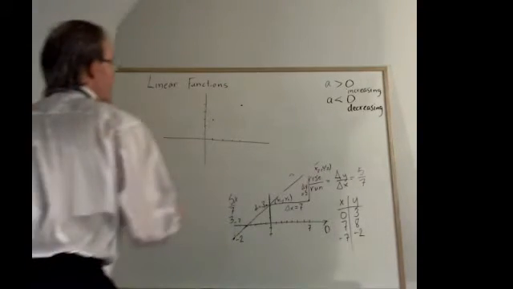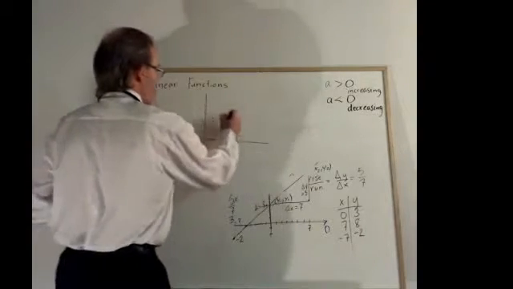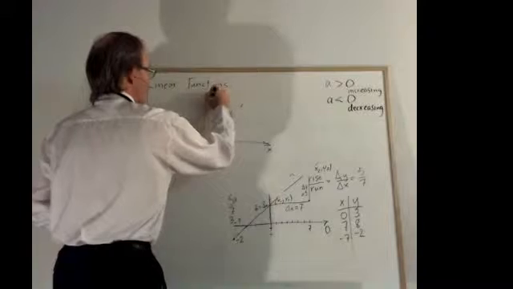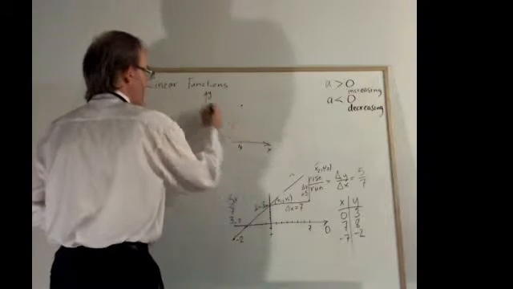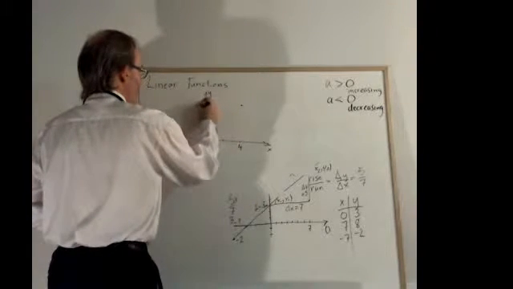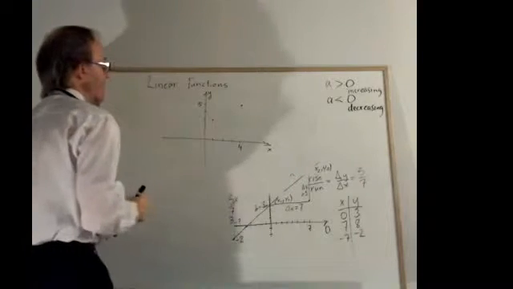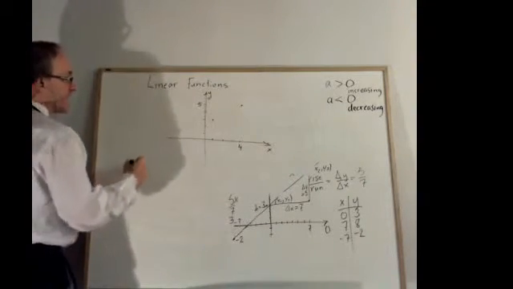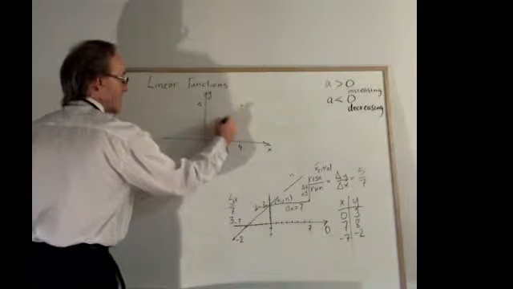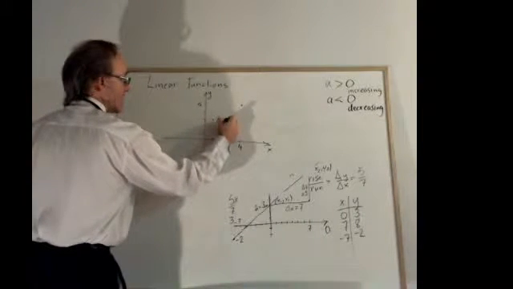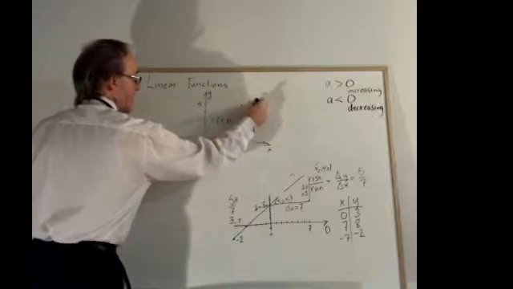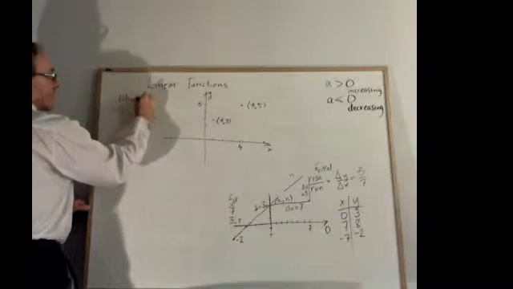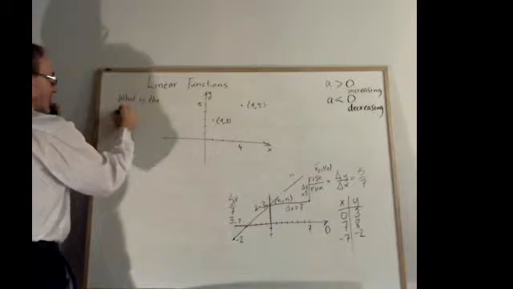Here's x, here's y. Here's 1, 2, 3, 4. Here's 1, 2, 3, 4, 5. One might ask the question, find, so this is 1, 3. This is 4, 5. So what is the equation of the line?